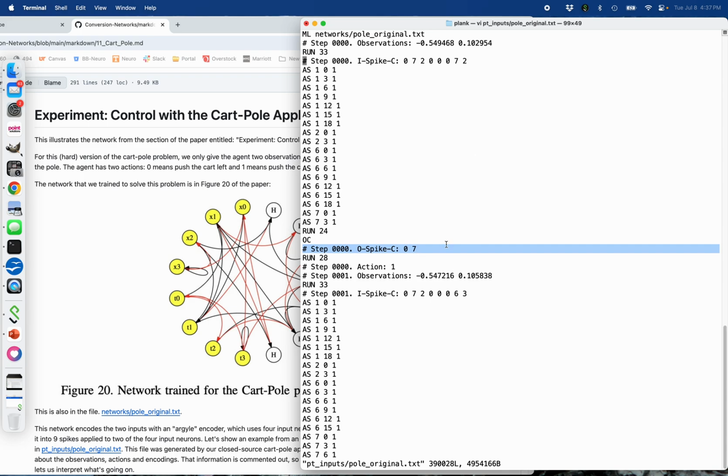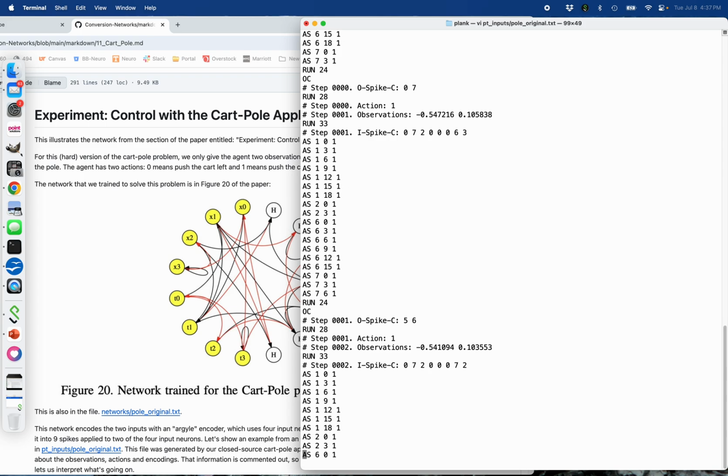And what you'll notice with that is that the X position changes not by much. The theta angle gets increased enough that it actually changes what inputs get done. So before there were 7 to T2 and 2 to T3, now there are 6 to T2 and 3 to T3, and that's because the angle has gotten bigger.